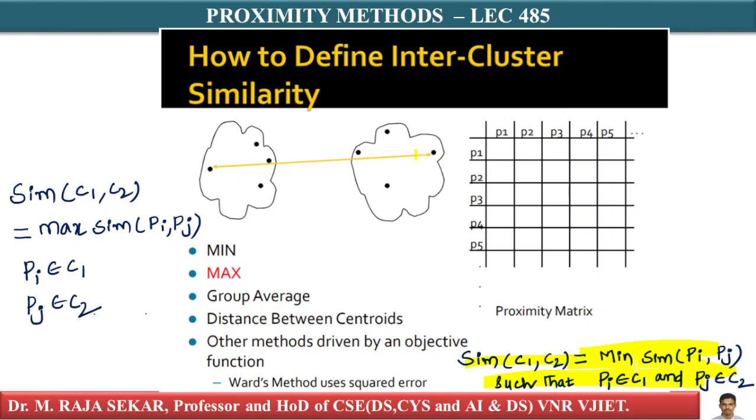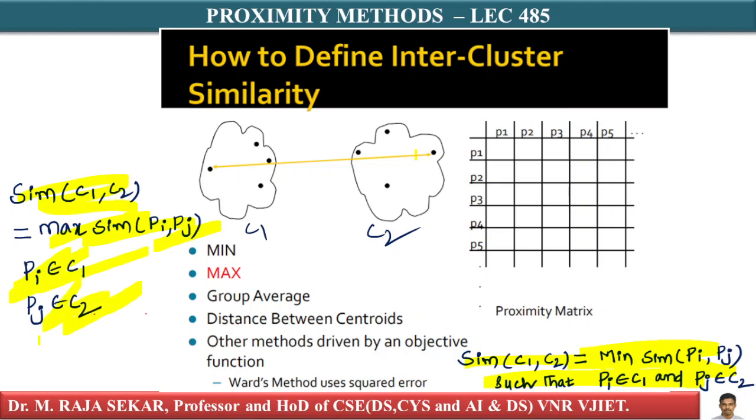In the max approach, the similarity between clusters C1 and C2 is the maximum of the similarity between points Pi and Pj, such that Pi belongs to C1 and Pj belongs to C2.